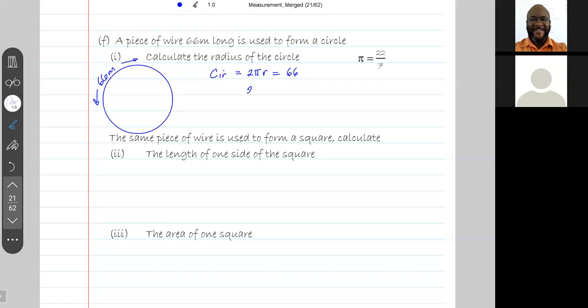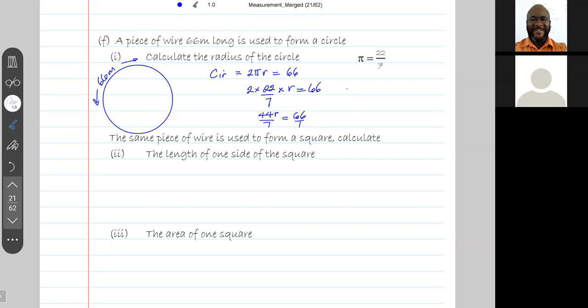2 times 22 over 7 times r is equal to 66. So 44 over 7 r is equal to 44r over 7. 44r over 7 is equal to 66 over 1.